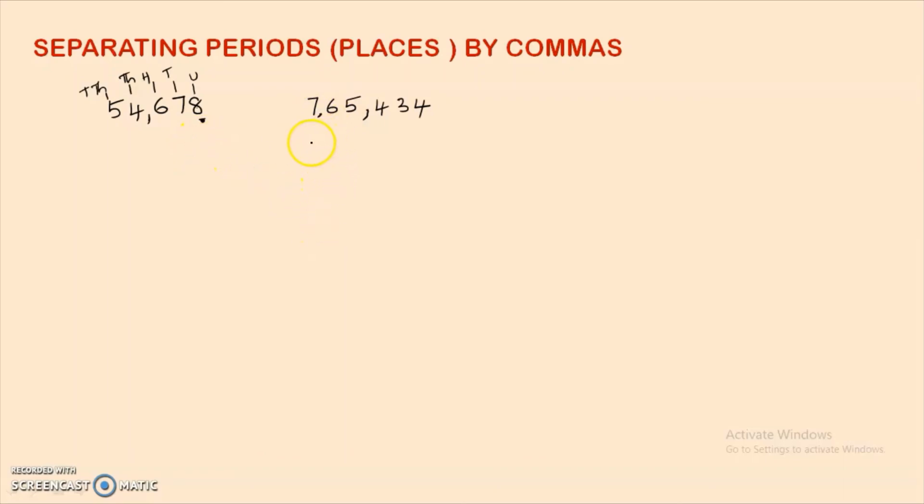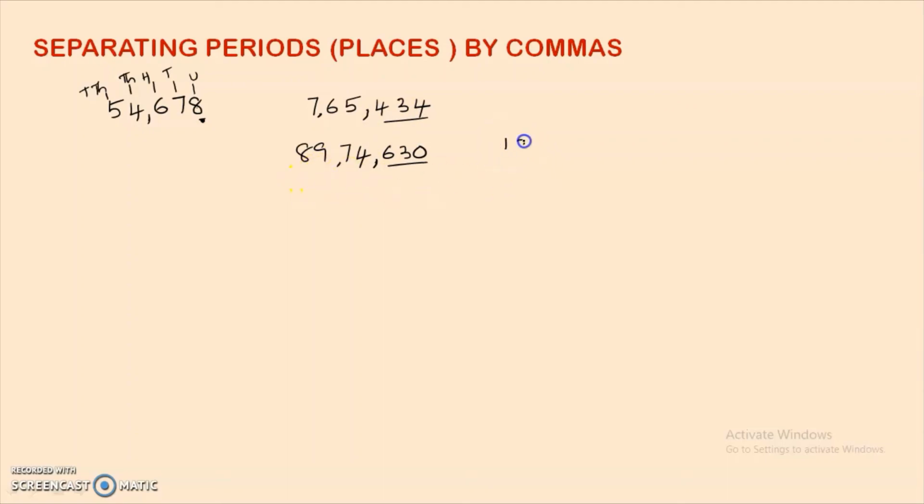You take a little larger number. You see there. So first we'll separate here. First 3 we'll separate them. And after every 2 digits we'll separate them.